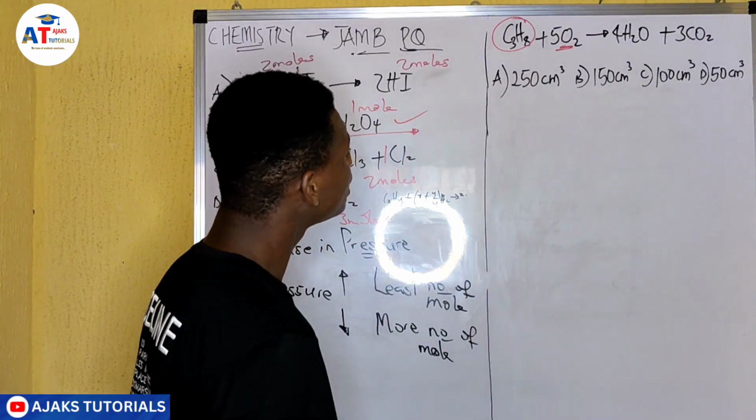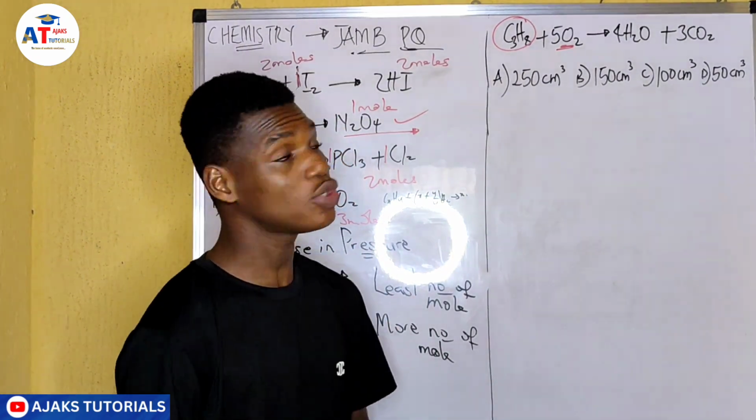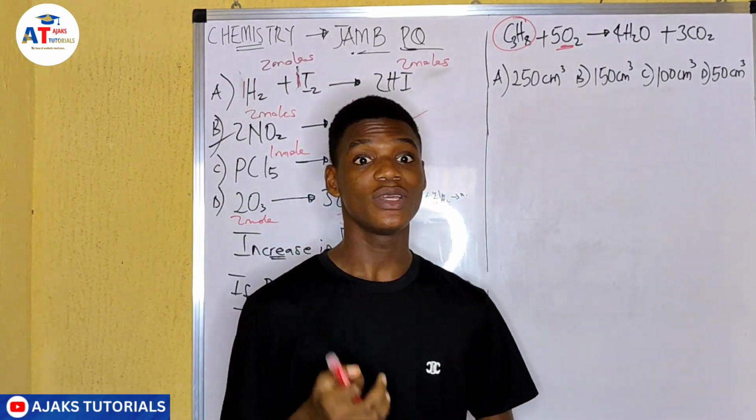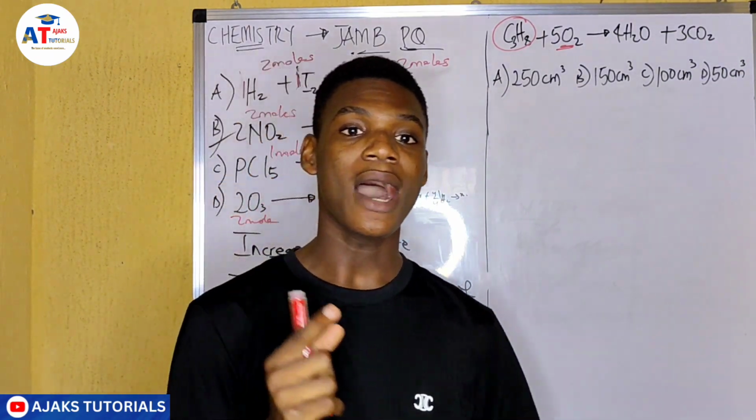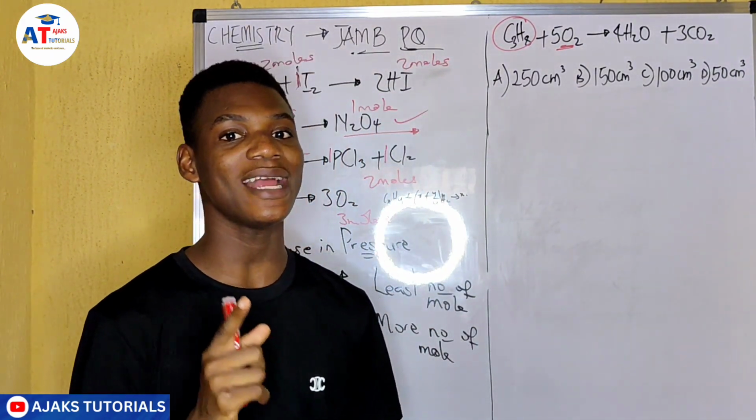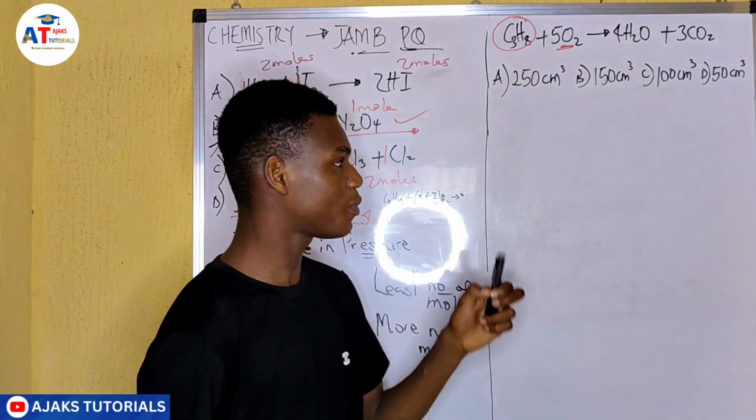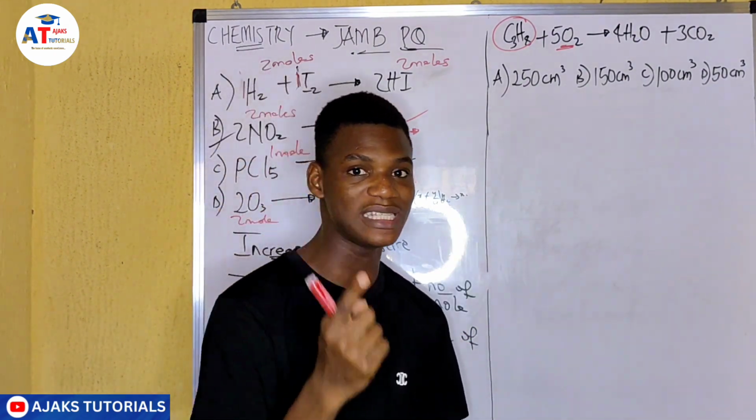Alright, let's go. Now, most times your question won't give you this equation. So it's very, very important for you to know how to write the equation of every hydrocarbon combustion. Alright, so I'm going to write it now. So please commit it to memory.